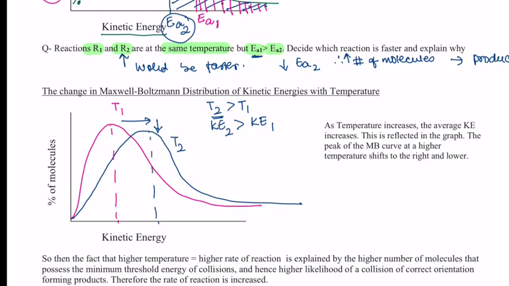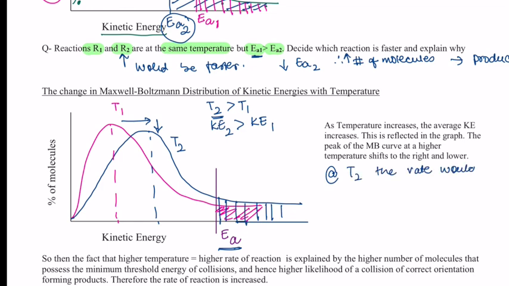Now, for some reaction, if the activation energy is the purple line here, then at temperature T1, only the molecules in the pink area meet the threshold energy requirement, whereas a higher number of molecules in the blue area meet the energy requirement. Hence, the rate of the reaction is higher for the blue curve at the higher temperature.